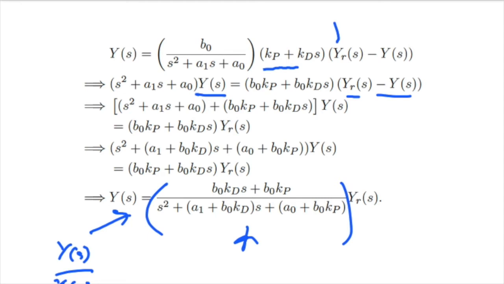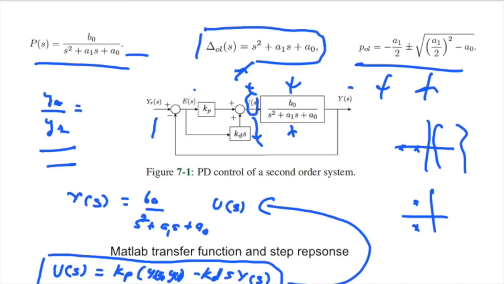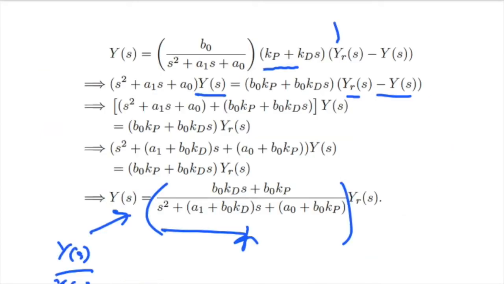Got it? Now you see Kd and Kp appear in both the numerator and denominator, right? So the order of the system did not change. It is still a second order transfer function. Our open loop transfer function was this, and the closed loop transfer function is this.